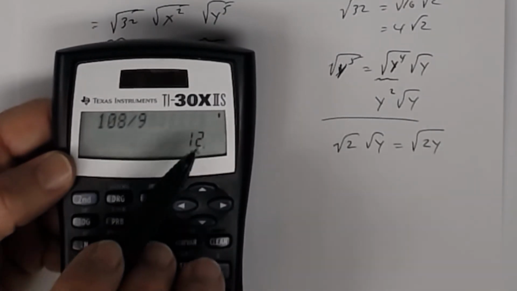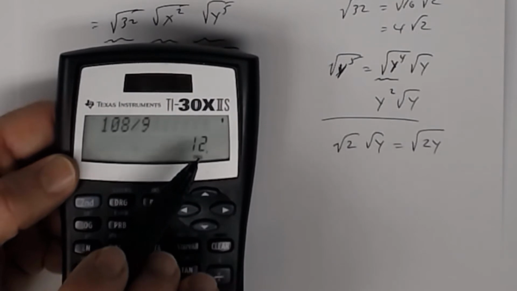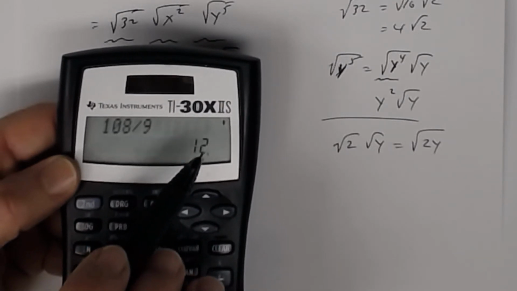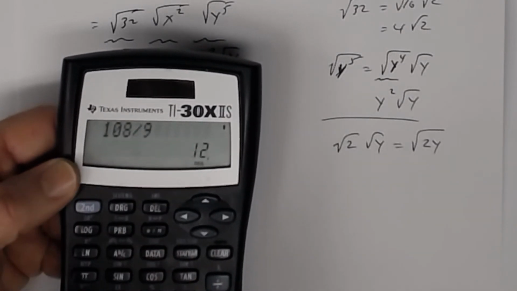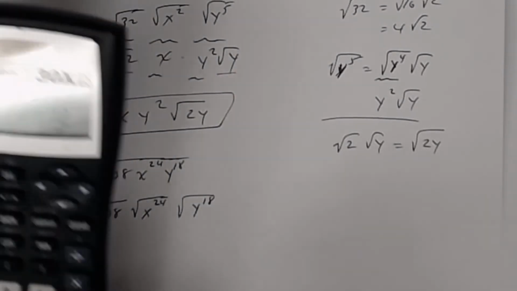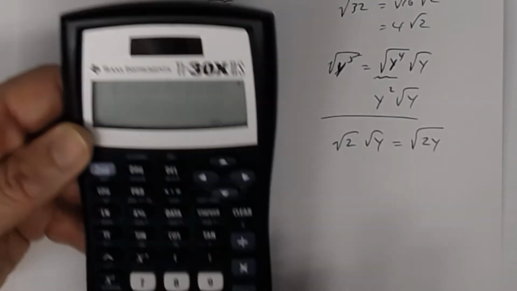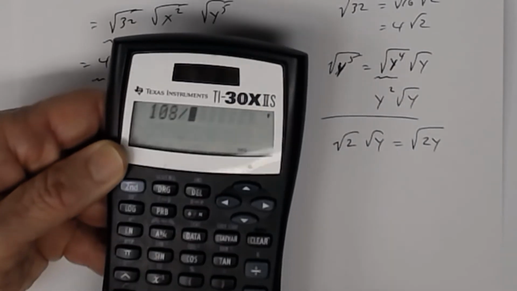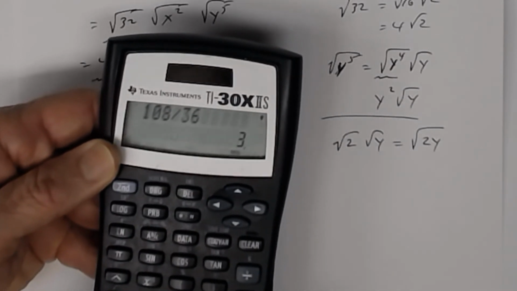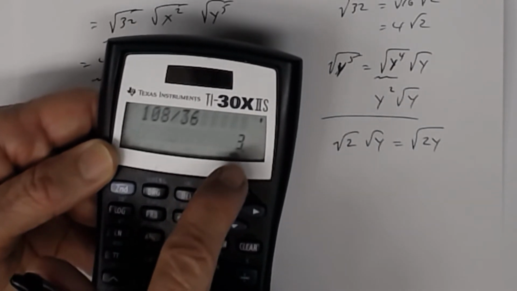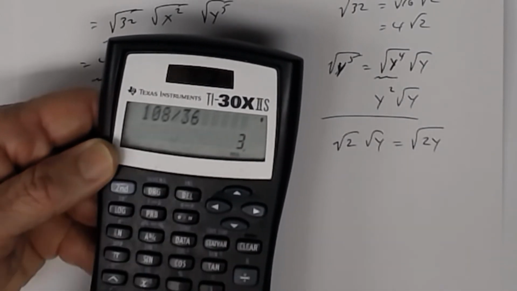It's not the largest because, see this 12? What other perfect square goes into 12? 4. So 4 times 9 is 36. That means that 36 is the largest. So watch. 108 divided by 36 equals 3, and the only perfect square that goes into 3 is 1. So 36 is the largest.